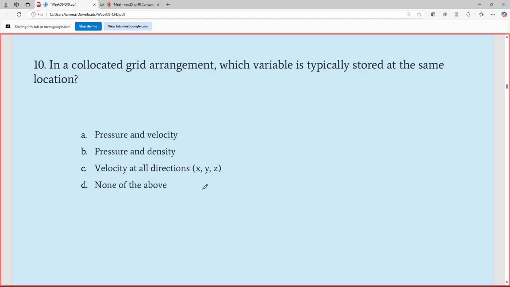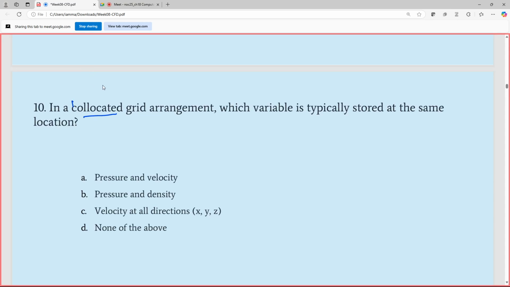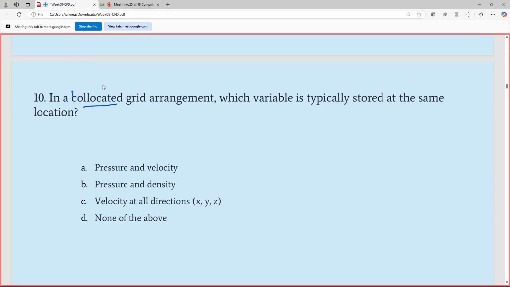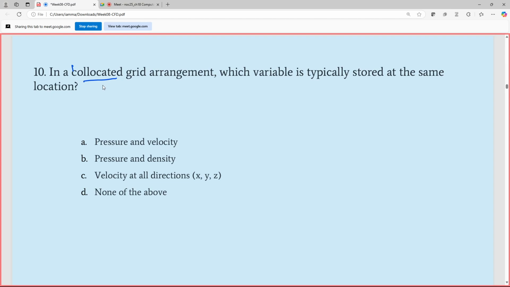Moving on to next question. In a collocated grid, which variable is typically stored at same location? So the question is, in collocated grid arrangement, which pair or which set of variables are normally stored at the same location?